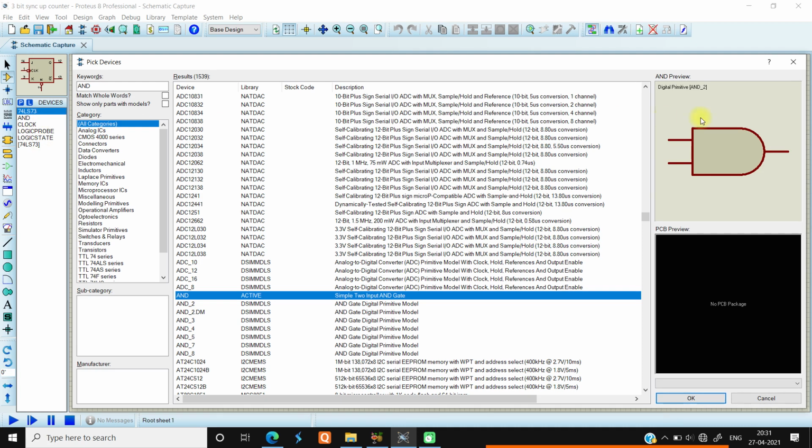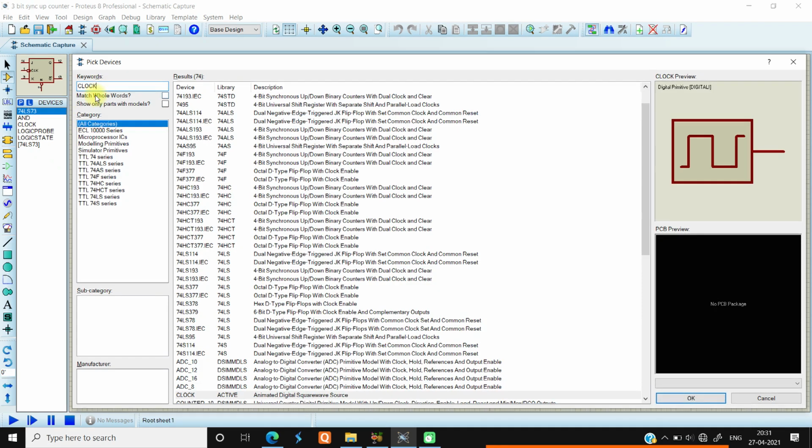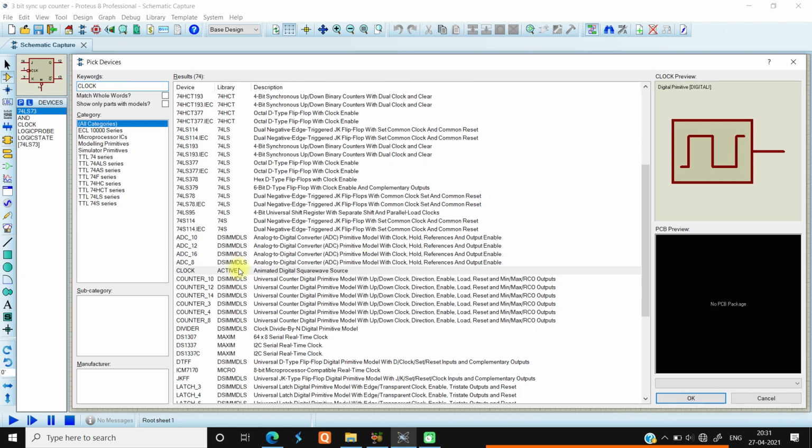And we need to have some clock signals. So the clock can be taken from this particular end itself. So we can have the clock by typing clock over here. So we will be having a clock, the active clock that can be animated digital square wave source.